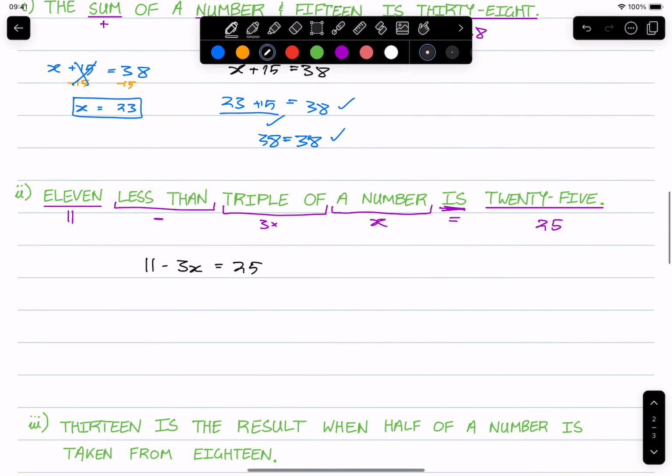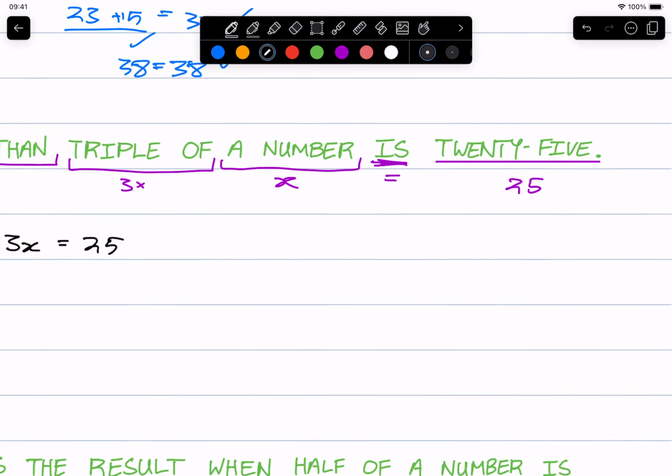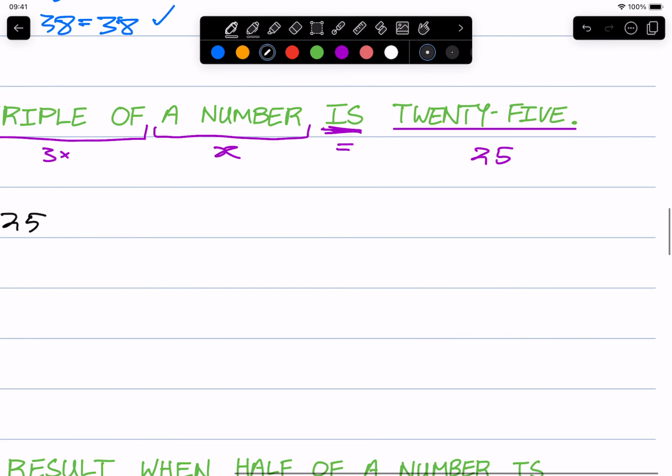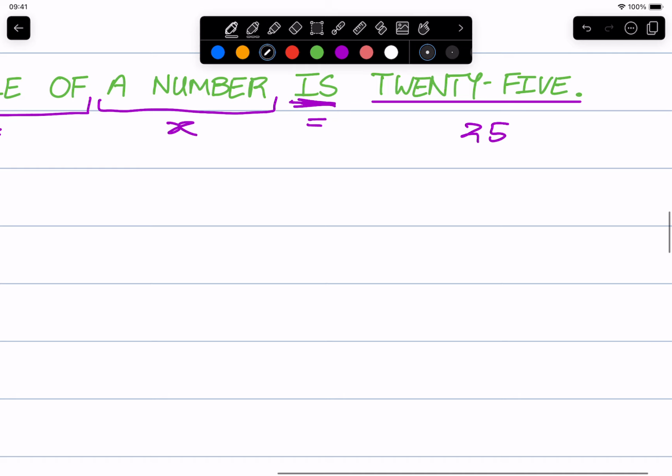It feels very much that this is how we would write it. But it says that it's 11 less than triple of a number. I'll do this as a different example. Let's say we had 11 less than 20. What is 11 less than 20? Well, that's going to be 9.